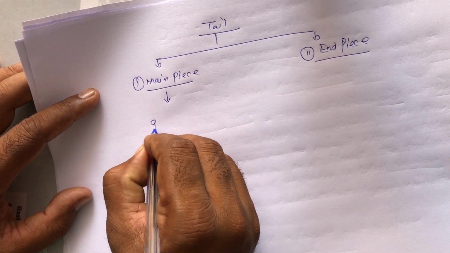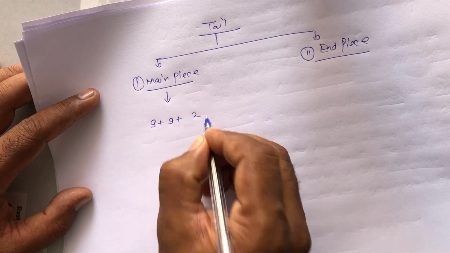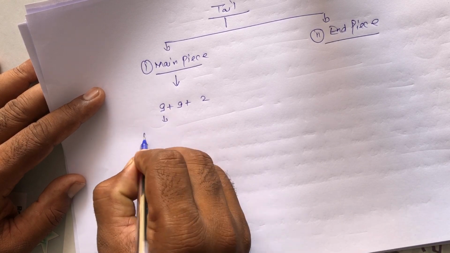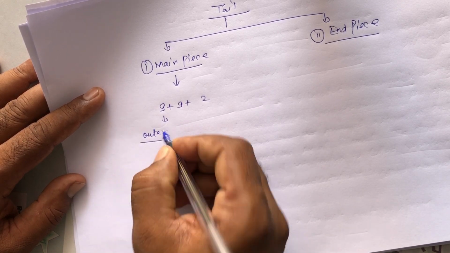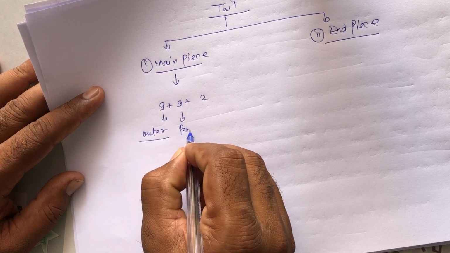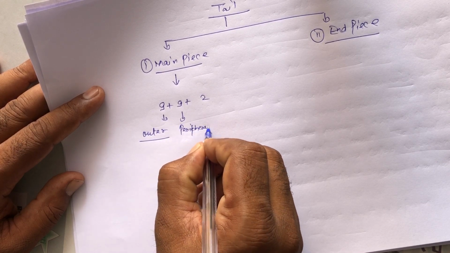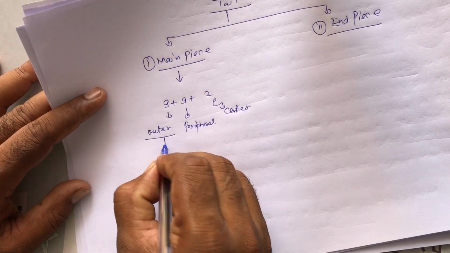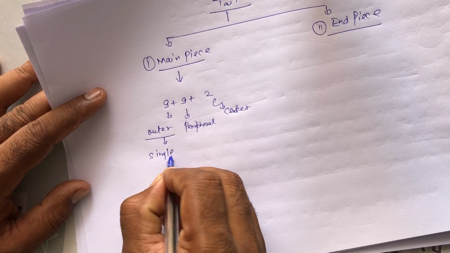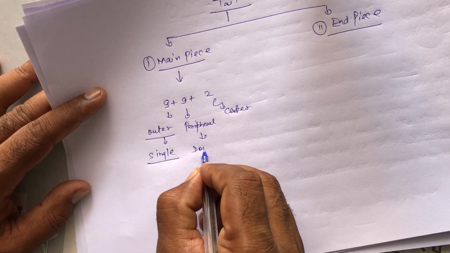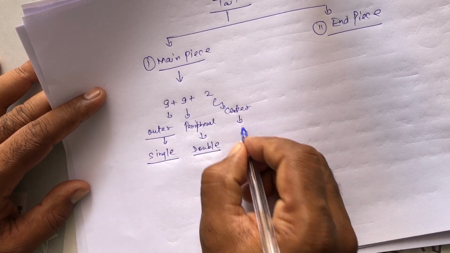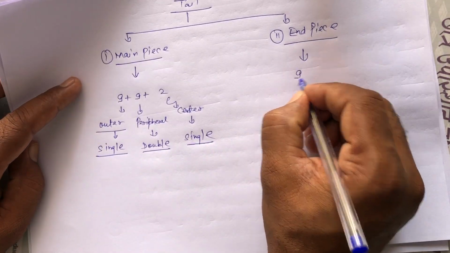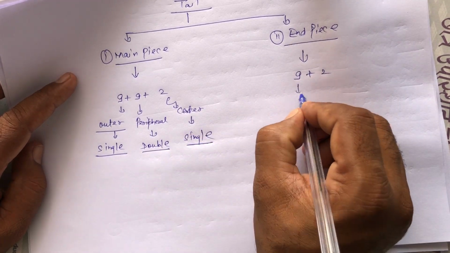In the main piece, the arrangement of filaments is 9 plus 2. There are outer filaments, peripheral filaments and center filaments. The outer ones are single in number, the peripheral ones are double in number, and the center ones are single in number.